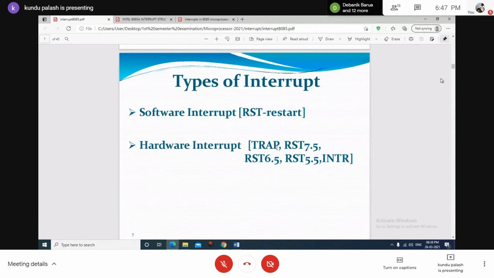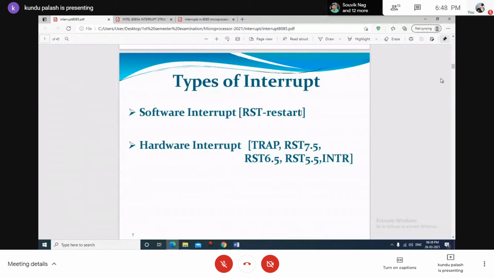The names of the interrupt signals are TRAP, RST, which stands for restart, RST 7.5, RST 6.5, RST 5.5, as well as an additional interrupt signal coming from the interrupt controller, INTR. So there are 5 kinds of hardware interrupt, and there are many software interrupts.